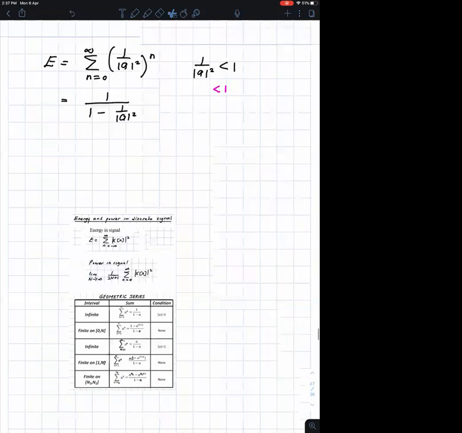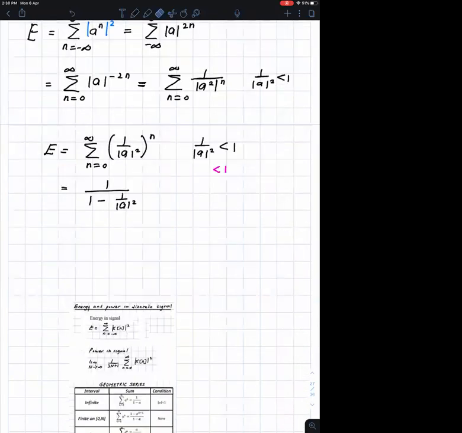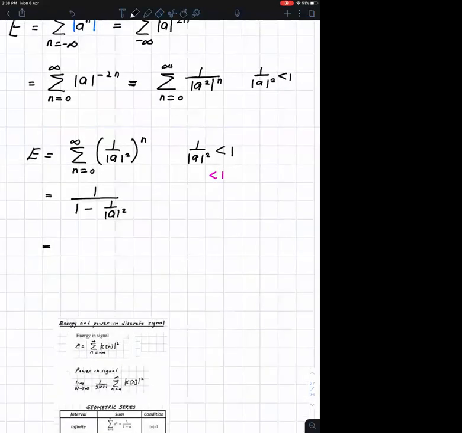Multiplying top and bottom by a squared, the energy is finite.